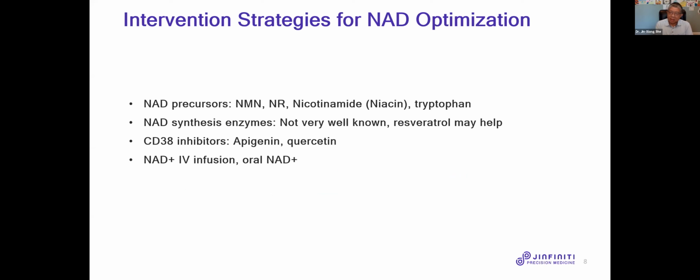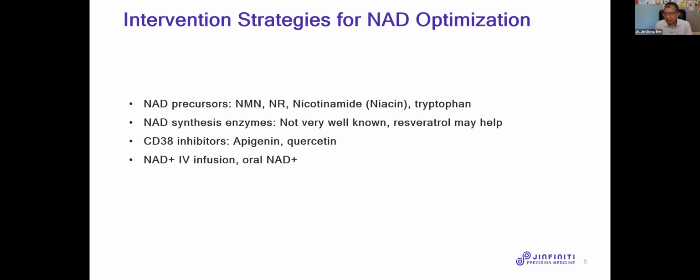There are multiple intervention strategies to optimize NAD levels, and the most popular ones are supplementation with precursors, and that's becoming quite popular recently. And you can also use supplements or nutraceuticals to increase the enzymes that can make NAD.